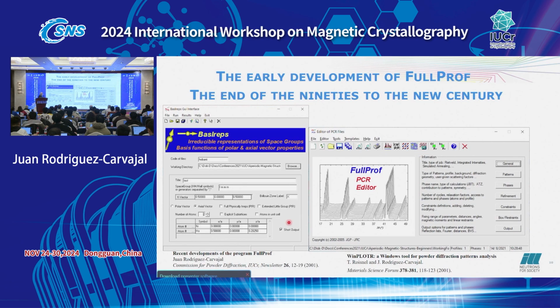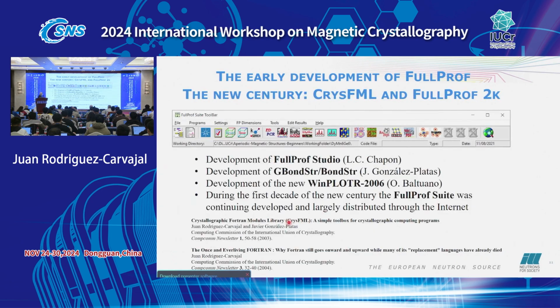And then also Javier González Plata developed this editor for PCR files, and we continued to develop these programs in order to have a suite that was relatively complete for analyzing data. At the beginning of the century, from the point of view of the source code, we were handling CrysFML and FullProf 2K.